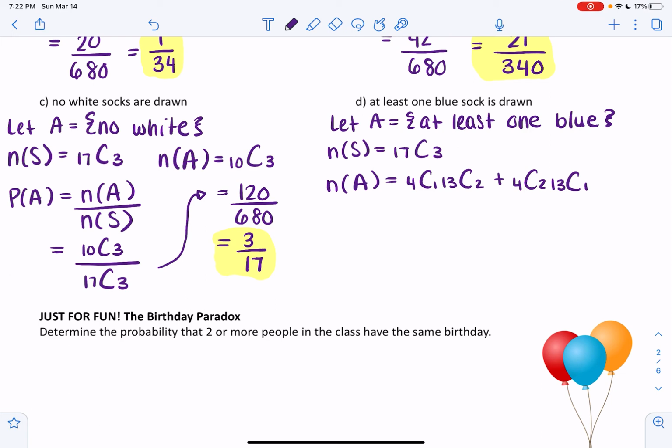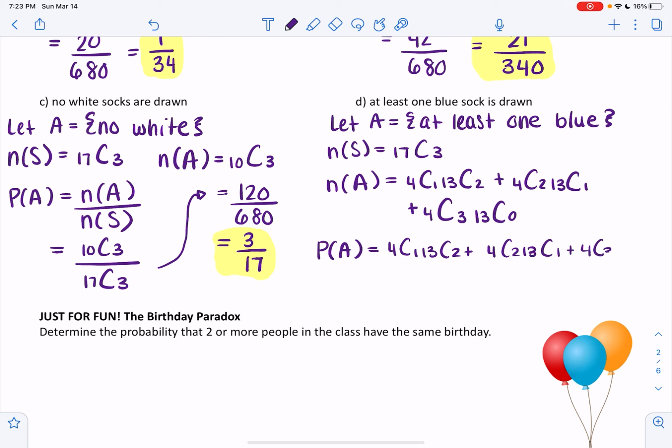We could have that case, or we could take the 4 blue socks, choose 3, then out of the 13 others, choose 0. So now to find our probability, we take this long thing, 4 choose 2, 13 choose 1, 4 choose 3, 13 choose 0, and divide that by our sample space.